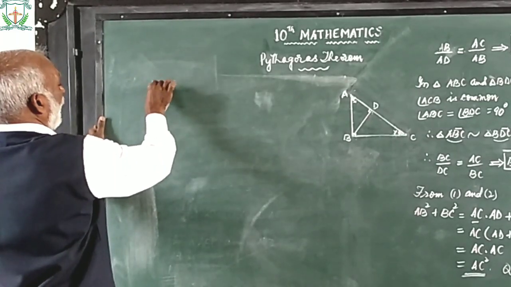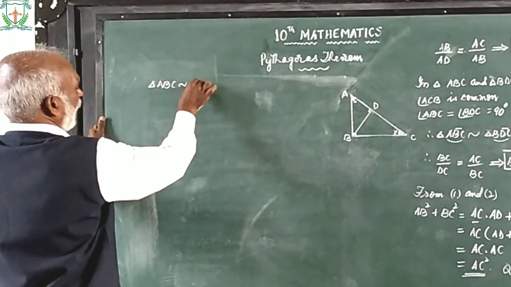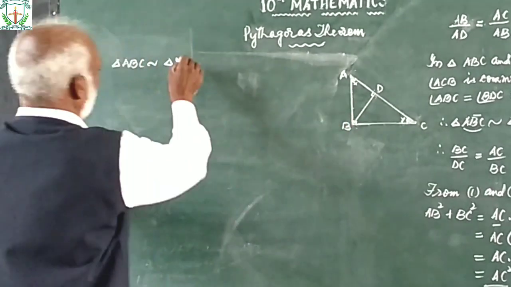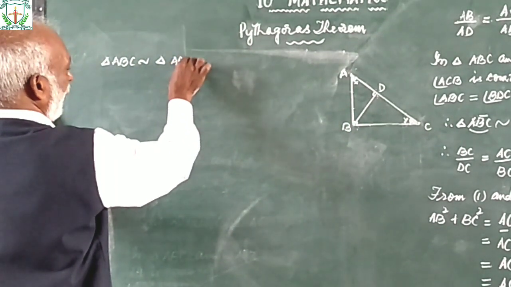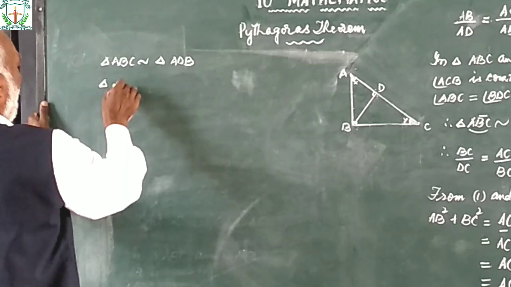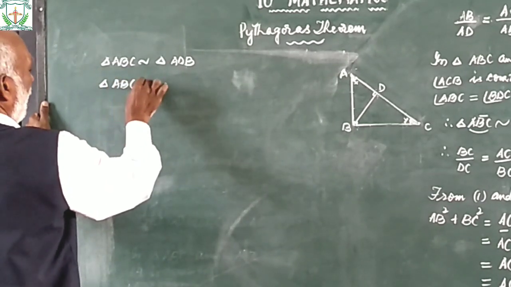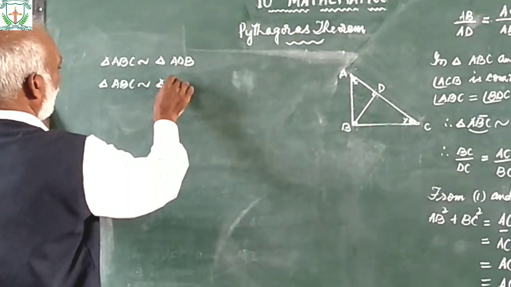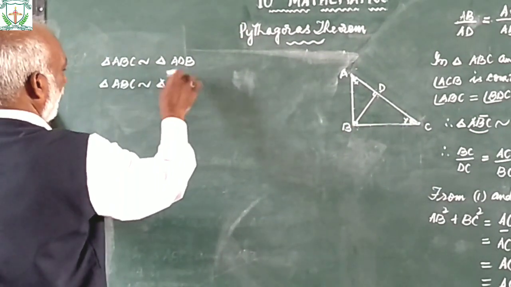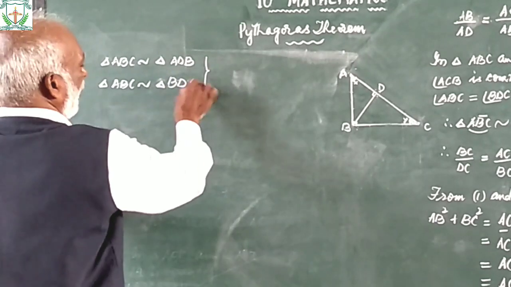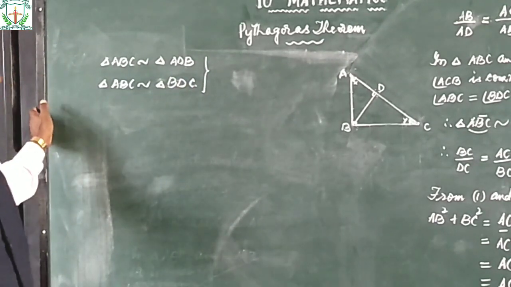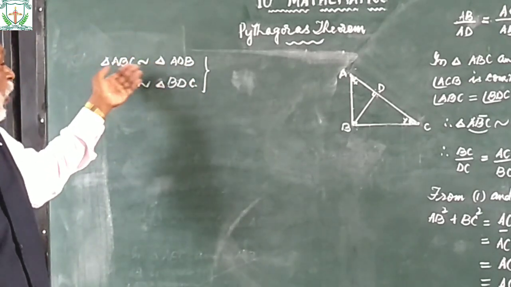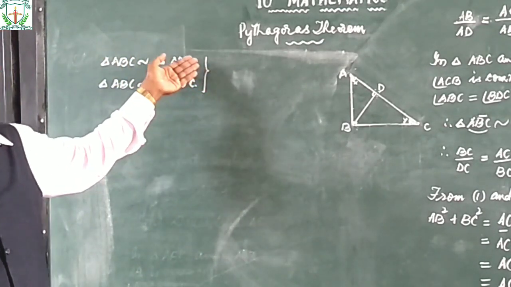What is the inference from this? This is similar to this and this is also, things which are equal to the same thing are equal to one another.